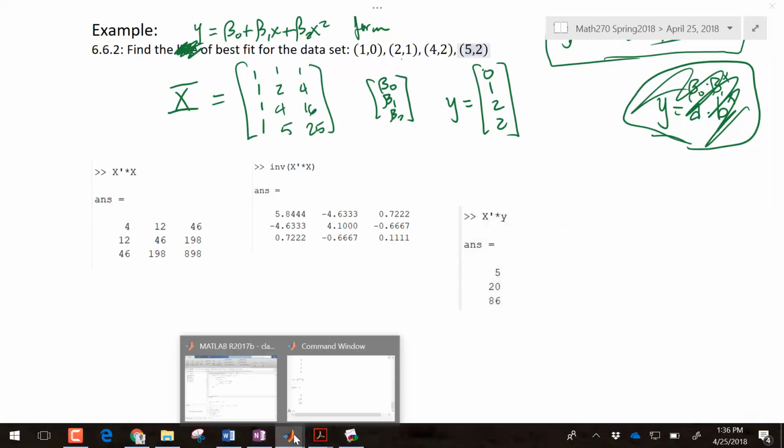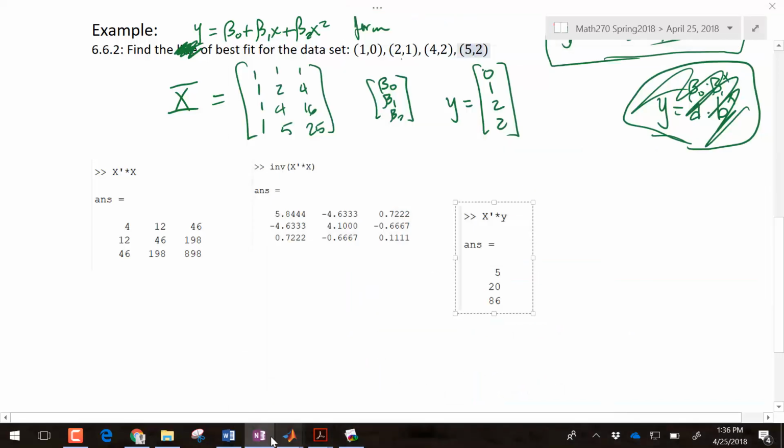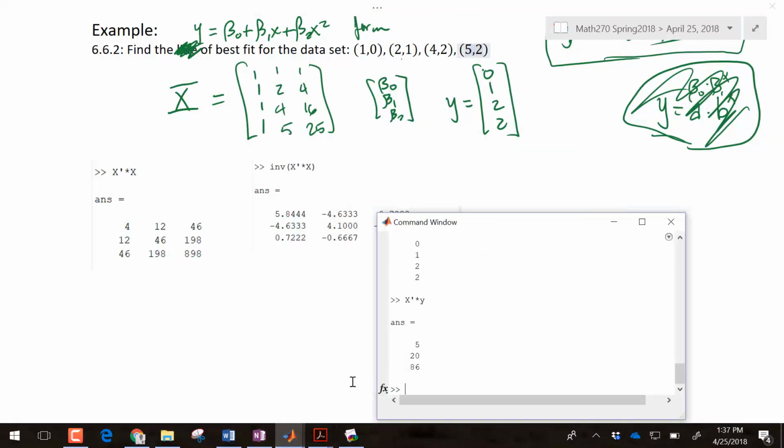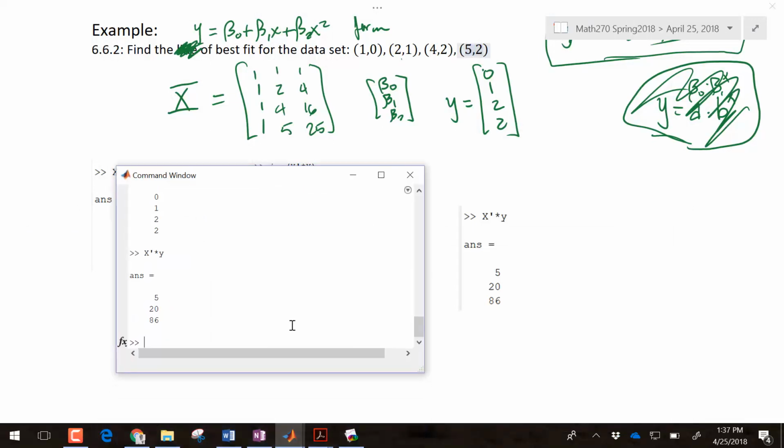And then we finally multiply the inverse times the result here. So inverse of X transpose times X, and then times X transpose times y. And this is our solution.